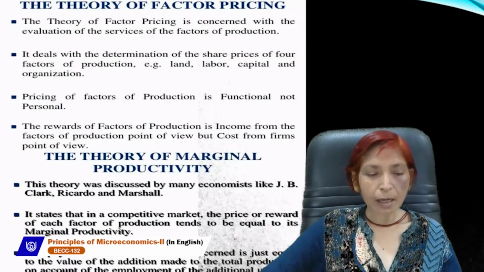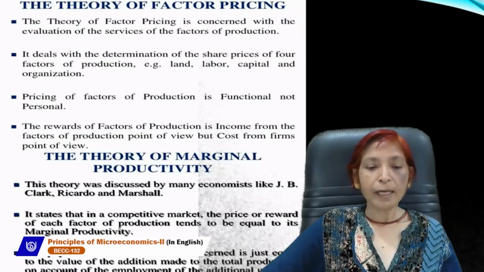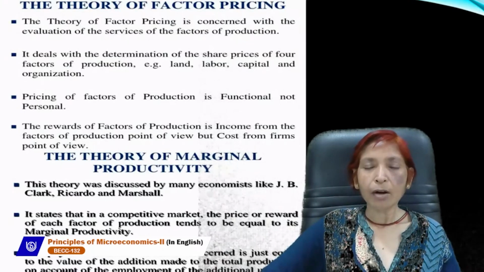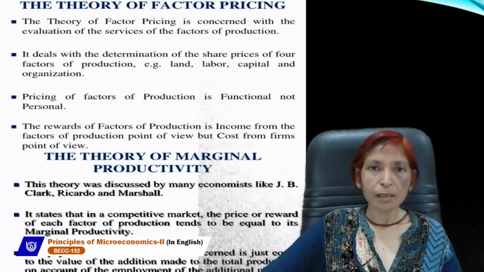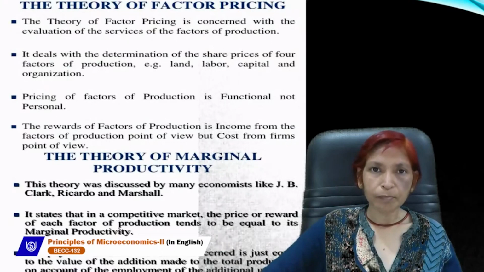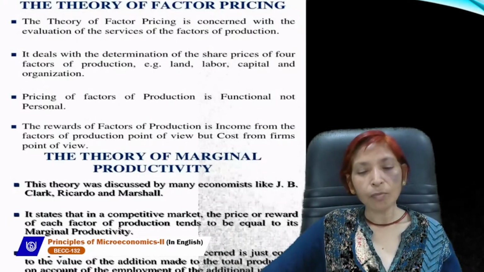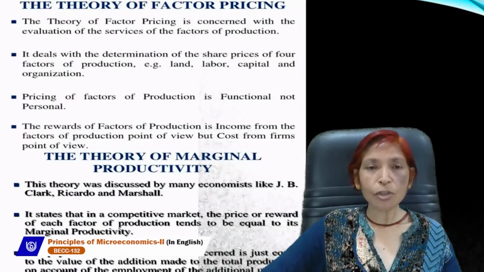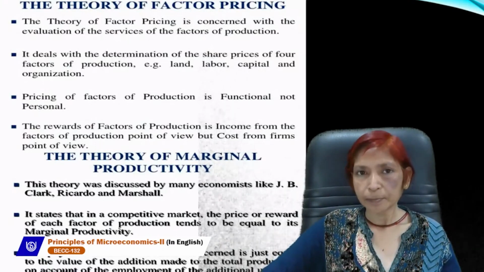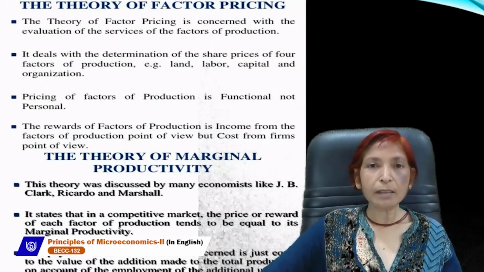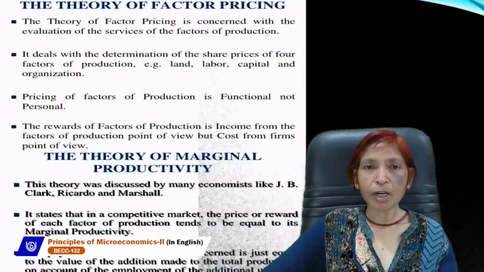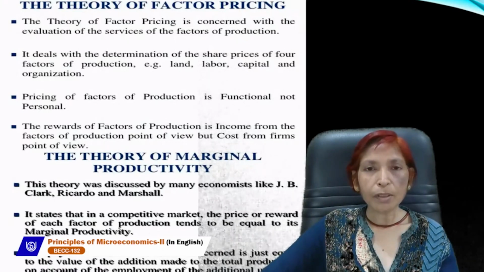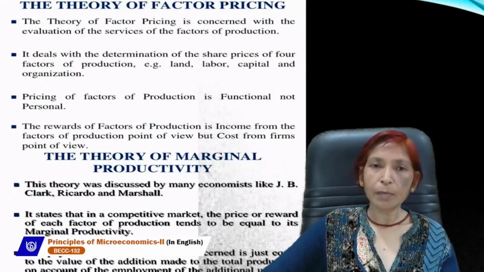So J.B. Clark explained that we should give reward to each factor of production according to its contribution in marginal productivity. If land is giving more contribution in marginal productivity, then land should get more rent. If labor is providing more contribution in the production of goods and services, then we should give more wages to the labor.